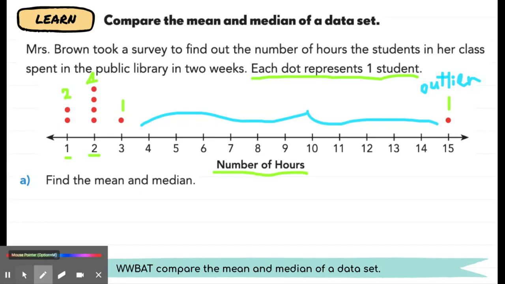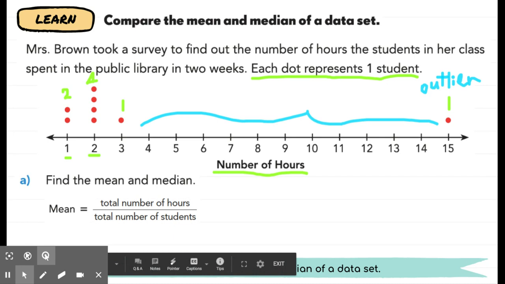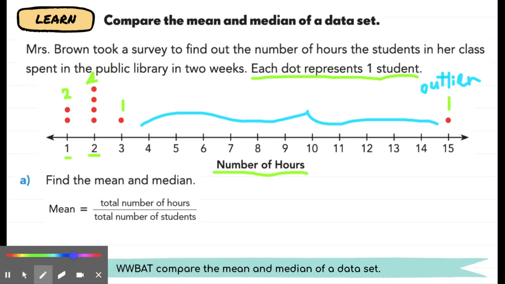Now let's look at the first one. Find the mean and the median. To find the mean, you need to find the total number of hours. So I'm going to start by multiplying the number of students and the number of hours. There are 2 students who spent 1 hour, so 2 times 1 is 2 hours in total, plus 4 students who spent 2 hours each.